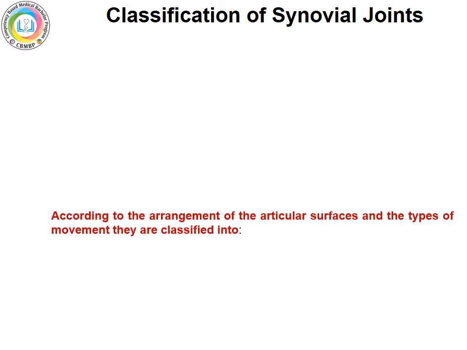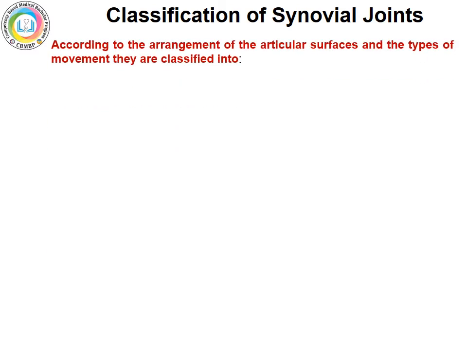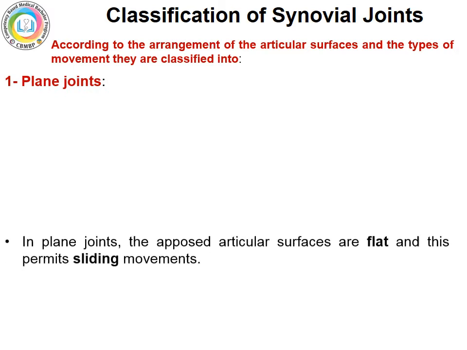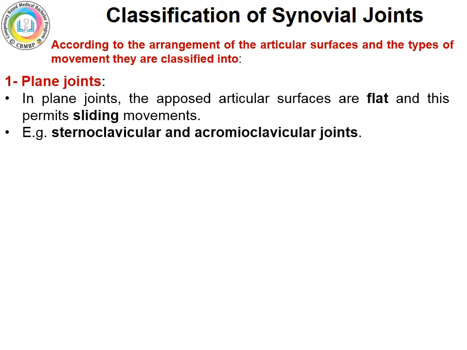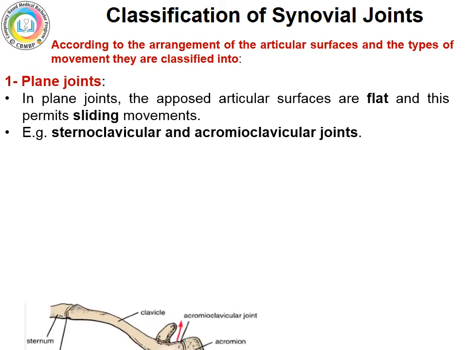Now let us discuss classifications of synovial joints. Synovial joints are classified according to the shape or arrangement of articular surfaces and the type of movement into: Number 1, plane joints. In plane joints, the articular surfaces are flat and the type of movement is only sliding movement, as in sternoclavicular and acromioclavicular joints.